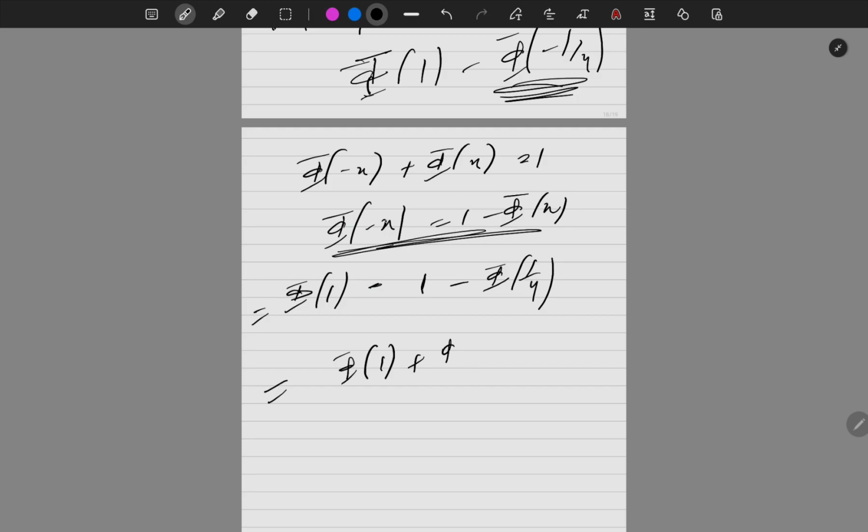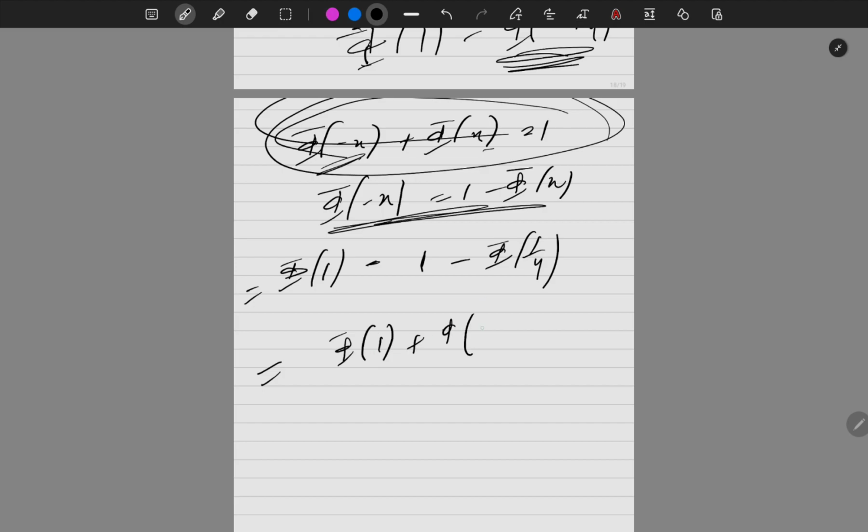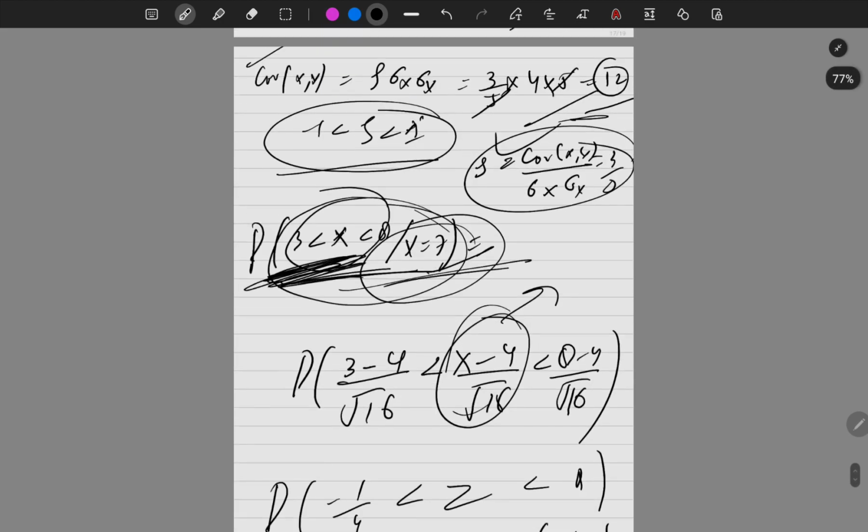If this is phi of minus 1 by 4, what will be phi of minus 1 by 4 in terms of, if we use this expression, 1 minus... so phi of 1 plus phi of 1 by 4 minus 1, check it, you will get it.